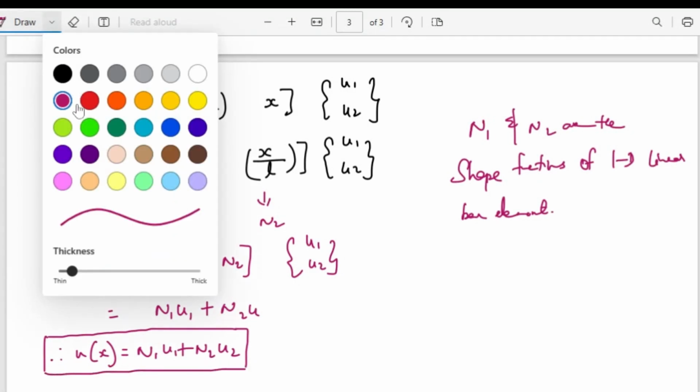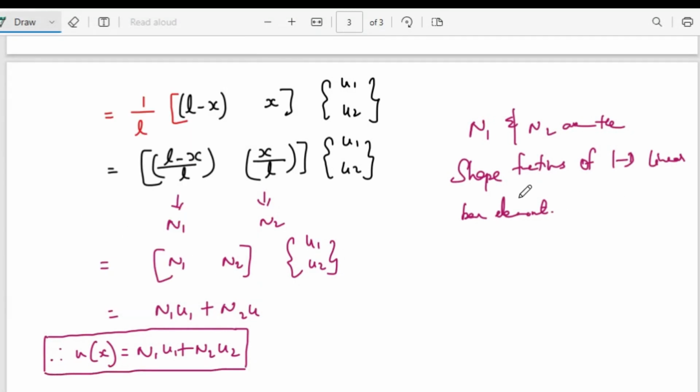Okay, so let us apply the boundary condition again. At h is equal to 0, my value of n1 will be 1 and the value of n2 will be equal to 0. At h is equal to L, my value of n1 will be 0, whereas my value of n2 is equal to 1.